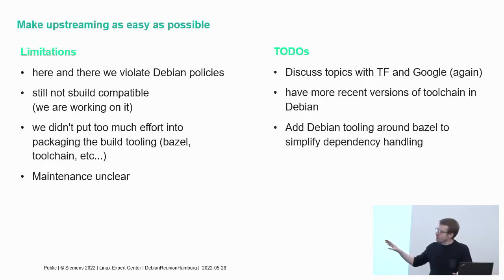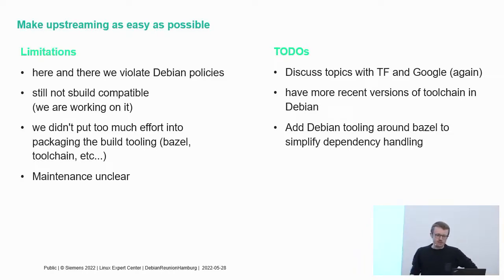A last problem is that the maintenance of all that is a bit unclear, because we just did it once for the product, but in the end, we want to have it upstream, and then the community can adopt it. Of course, it would be better to discuss some topics again with Google, on how to improve there and make it more distro-friendly.